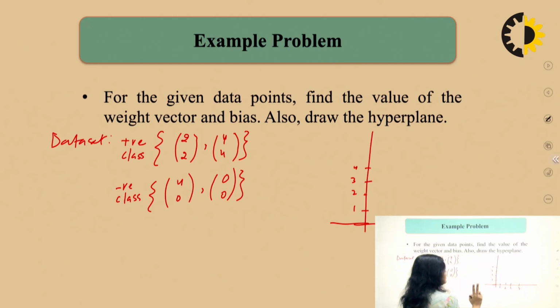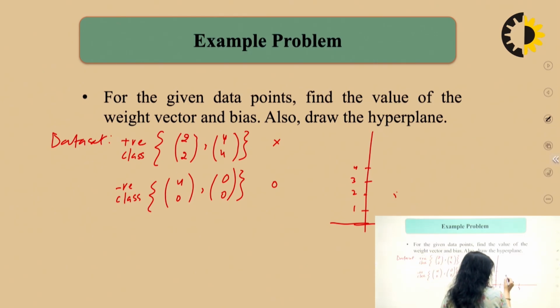One more assumption I am taking here: when plotting the points of the positive class, I will represent them by a cross, and the negative class points with a circle. Since the first point 2, 2 belongs to the positive class, I mark a cross here.